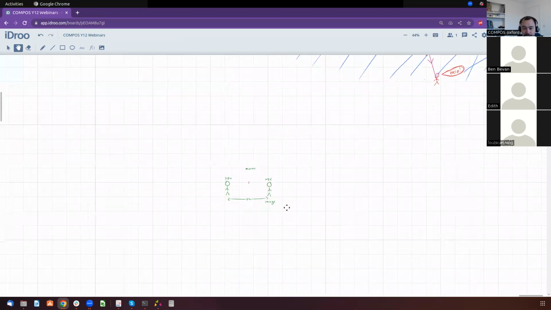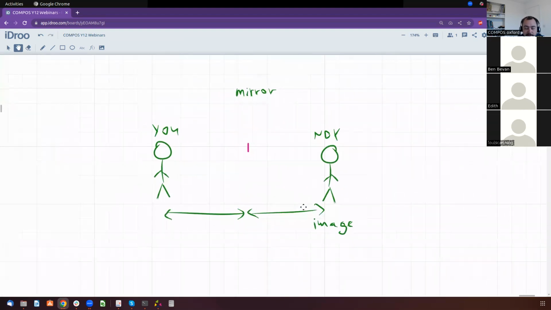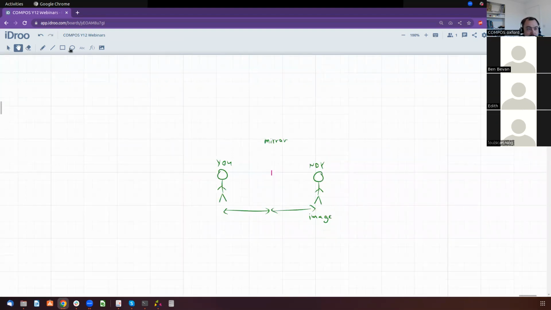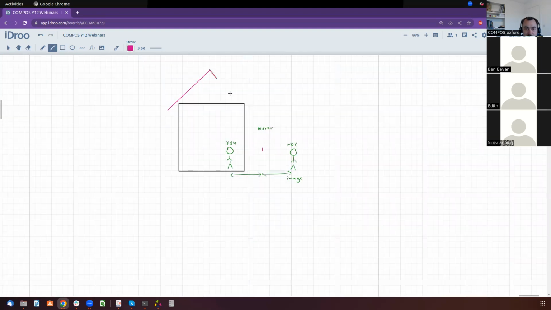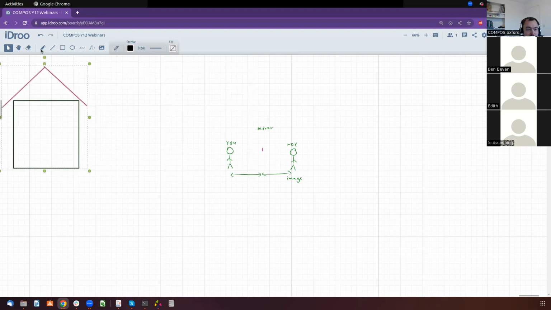Go here. And this is the mirror. This is a house. I think I got the scale about right of you, the mirror, and the house. But the house is so far away.